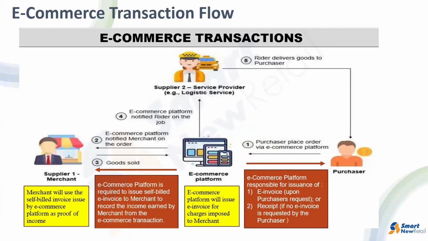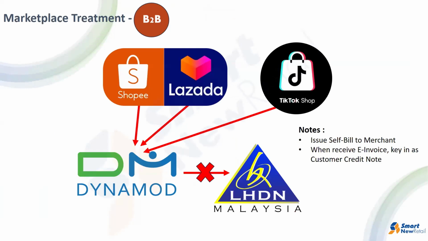So for e-commerce like TikTok, Shopee, Lazada, we actually don't need to issue e-invoice for our customer, because the e-invoice will be issued by the respective marketplace. Okay. So how do we set it in our system?